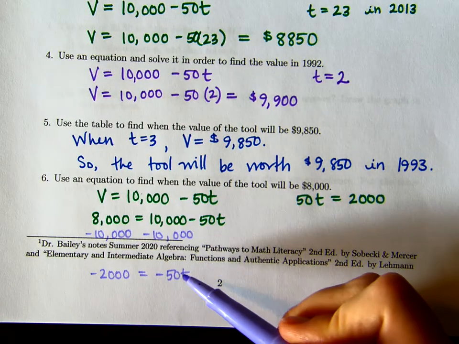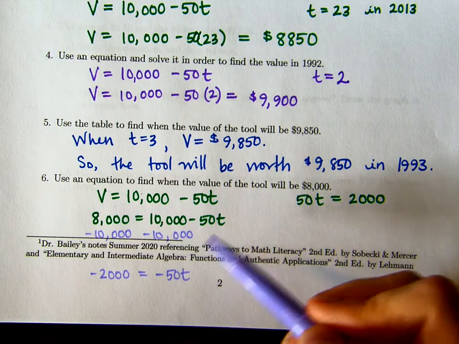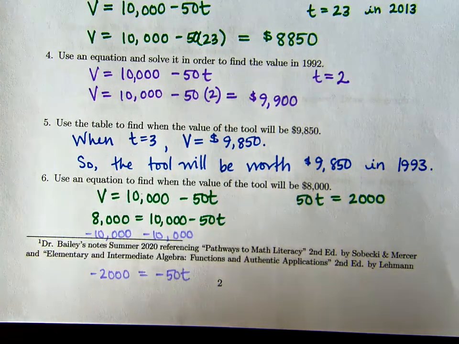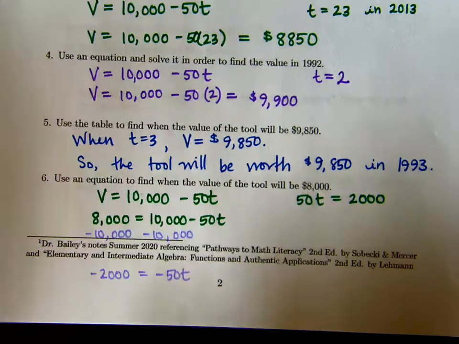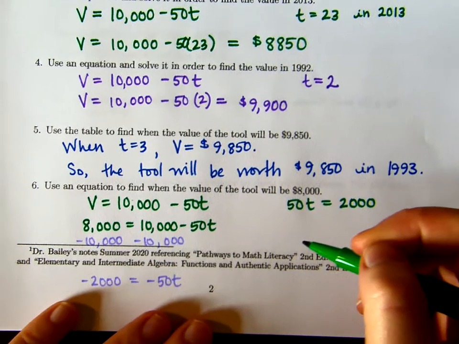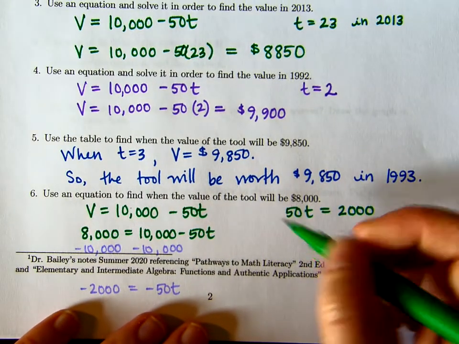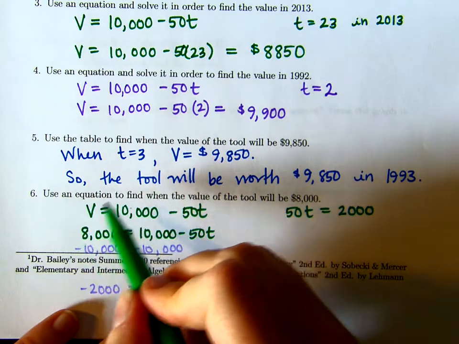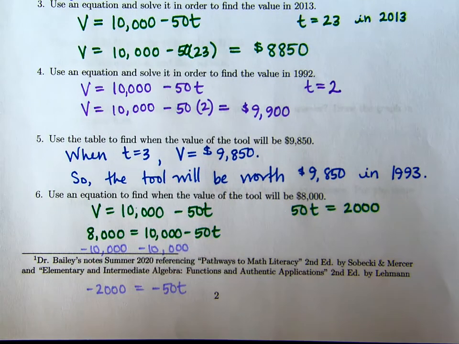To go from here to here, I understand that logic. But to just go straight to a T answer, that is not really showing me how you thought about finding your answer. Maybe I would assume that you did guess and check, which means then you might get dinged because I'm testing or asking you to show me that you know how to use an equation.